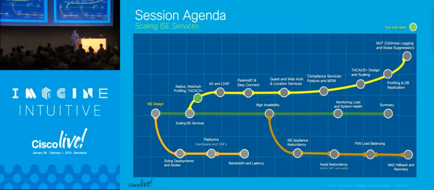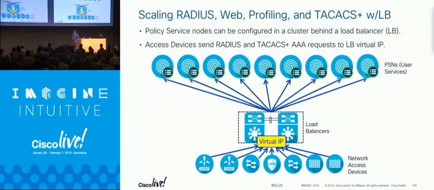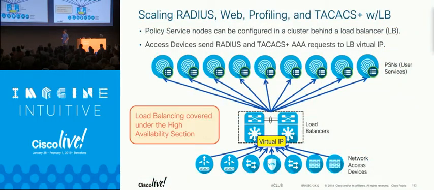Next thing would be, let's talk about RADIUS and TACACS. The best recommended method is pretty much using a load balancer, because a load balancer can do a lot of operational stuff as well. Think about if you have 1,000 switches, and all those switches are talking to multiple PSNs, and if you decide to make a change, or you decide to add one more PSN to the network, right?